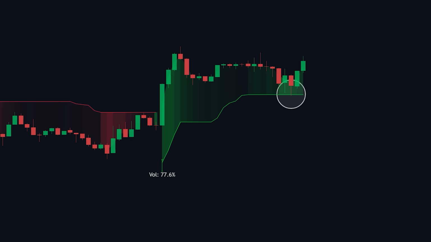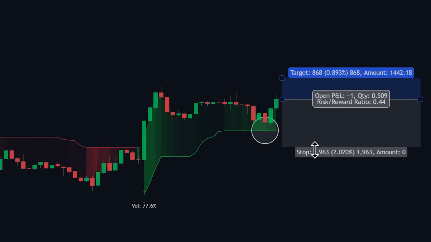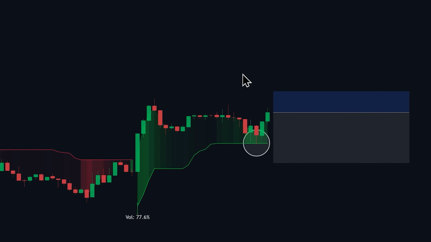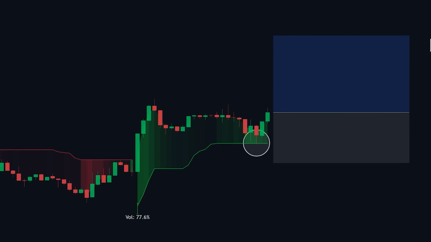For risk, the clean stop is either under the SuperTrend line or under the most recent swing low, depending on how tight you trade. Then you can target 1.5R or you can use structure, previous highs, range highs, or a key resistance zone on the chart. The whole point is you're not just trading green equals buy, you're trading green plus high probability plus volume-backed break.